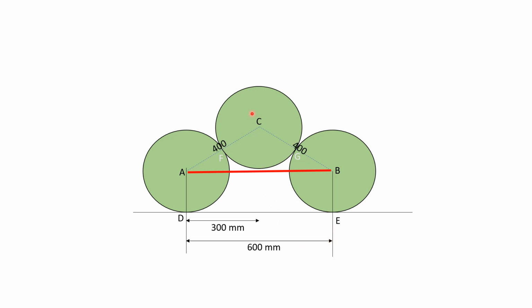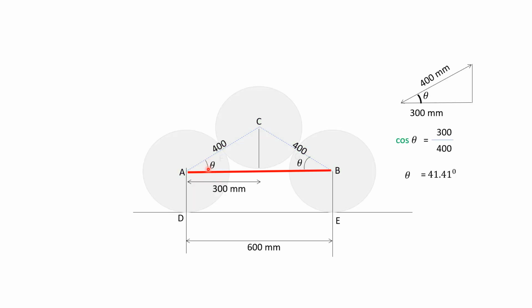Geometry part. This half distance will be equal to 600 by 2, that will be 300 mm, and this is 200 plus 200, equal to 400. Now say the angle is theta, and this is 300, this is 400. This theta we get by cos inverse of 300 by 400.